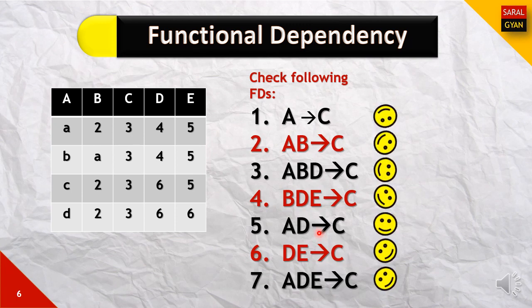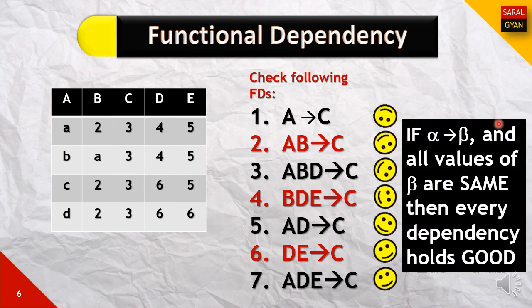Because both conditions for functional dependency will be satisfied, and hence we can draw one rule here. If alpha to beta is a dependency and all values of beta are the same, as in our case, then every dependency, irrespective of any attribute on the left hand side, will hold good.